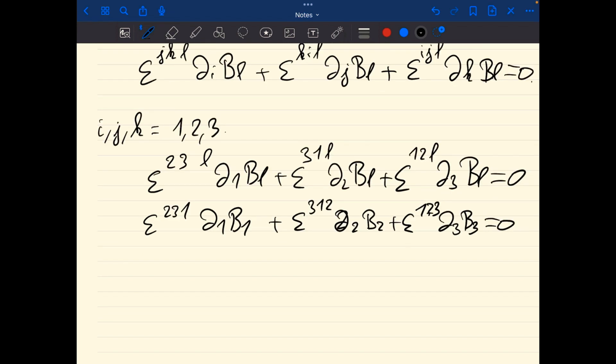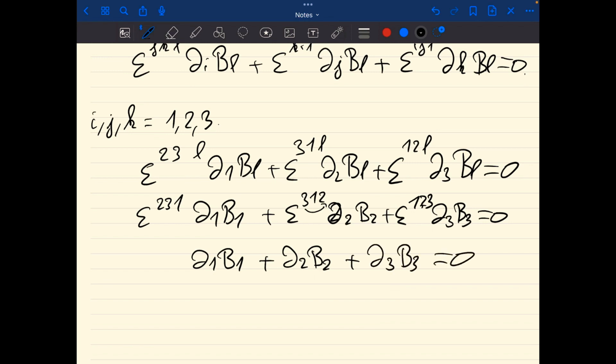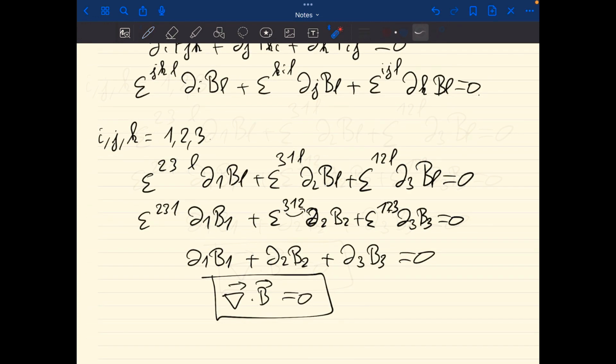Epsilon_{231} is equal to plus 1. Epsilon_{312}, you put the 3 there, is plus 1 as well. And epsilon_{123} is plus 1. And that's what you get, and that's exactly the divergence of B equals 0, which is the last Maxwell equation.